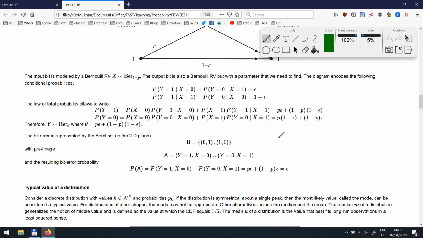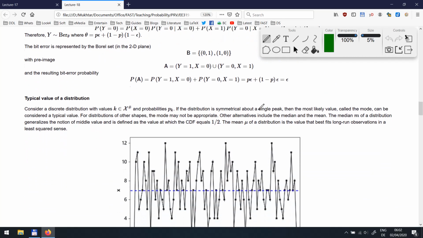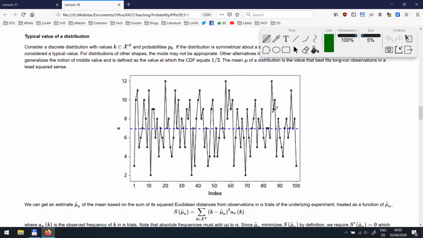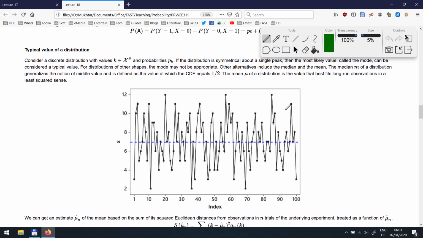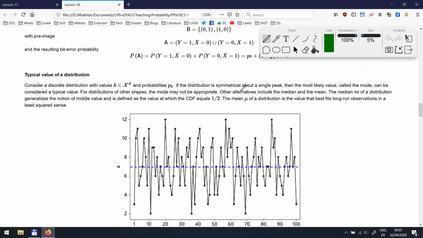I think these were enough examples. Finally, I can start with the topic which we actually started once, but we could not continue with it, and that is the typical value of a distribution. You have already seen examples of distributions which are symmetrical and which have a single peak.